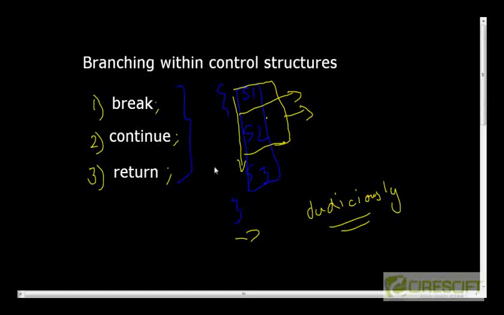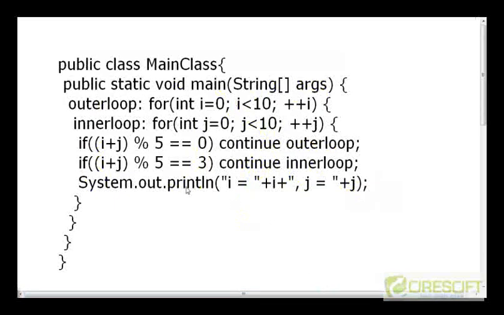That means you need to reevaluate your logic and see if we can simplify it. Because there are some situations, I agree, where we have to use these statements and that's the only way. But a lot of times we can do without these branching statements. With that said, let's look at some code examples of these branching statements.